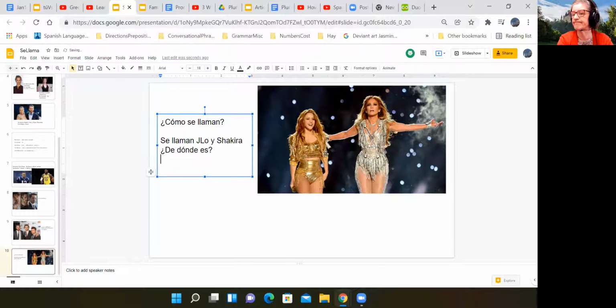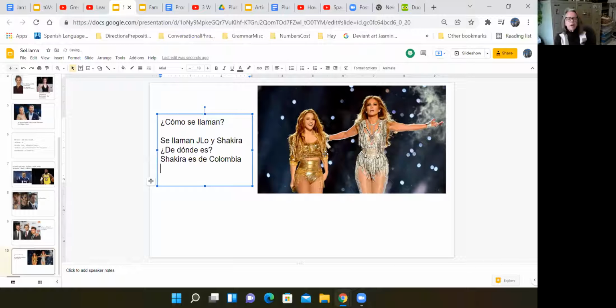Shakira, Colombian, I think. Es de Colombia. See? Shakira is from. That word de means from. So the question, la pregunta, ¿de dónde es? From where is she? That's the way they phrase it.